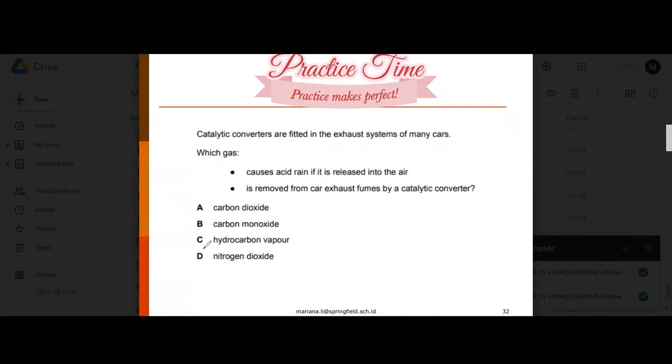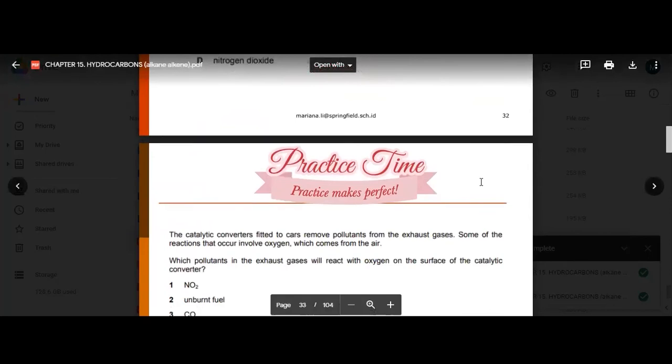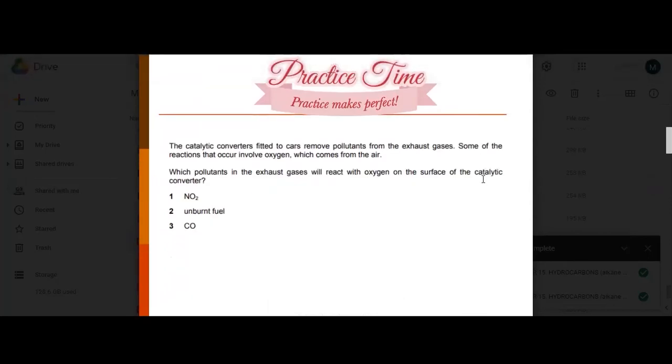Okay, the answer is D. Nitrogen dioxide causes acid rain if it is released into the air. It is removed from cars by the catalytic converter. It is nitrogen dioxide. How about this? The catalytic converters fitted to cars remove pollutants from exhaust gases.